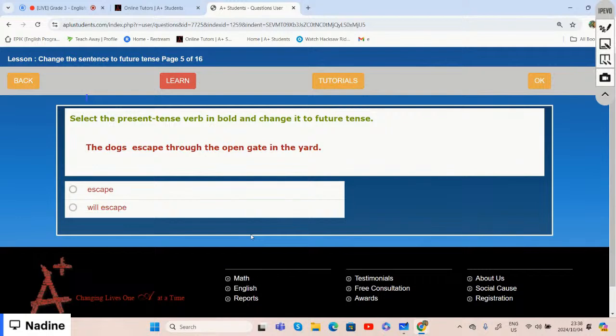This is the future tense. So the dogs escape or the dogs will escape. Which one is correct? Will escape or escape?